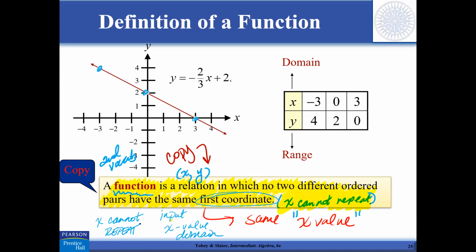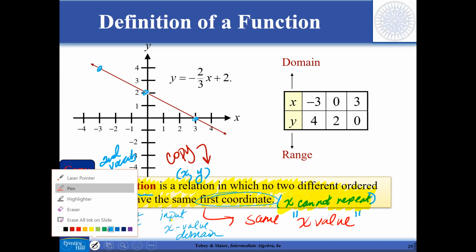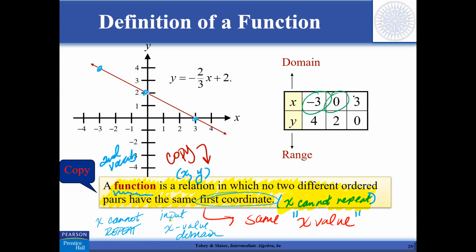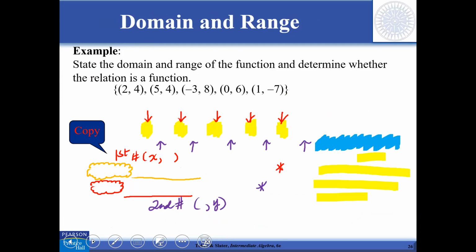And if you take a look at this graph right here, you can visually see that the x doesn't repeat because you have a negative 3, 0, and 3. But then also, if I were to draw a line here, it only touches the red graph at one point with every vertical line that I draw. So yes, this will be considered a function because the x does not repeat and it passes the vertical line test.